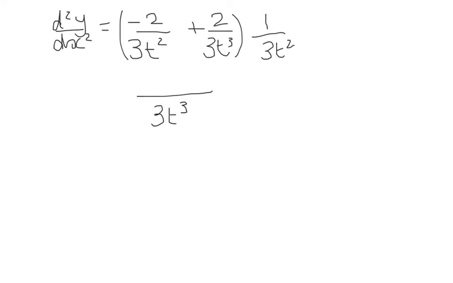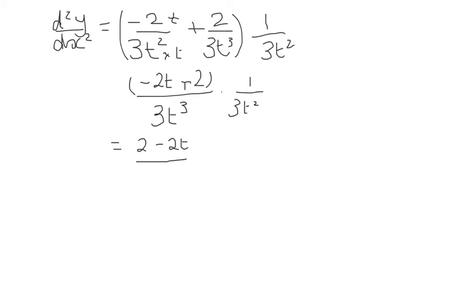We'll need to multiply this fraction by t, top and bottom, in order for the denominator to be 3t cubed. So we have negative 2t plus 2 on the numerator there. We multiply this by 1 over 3t squared. Multiply the top, we have 2 subtract 2t, that's just writing it in the order so we're not leading with a negative term, and divide by 3 times 3 is 9, and t cubed times t squared is t to the power of 5.